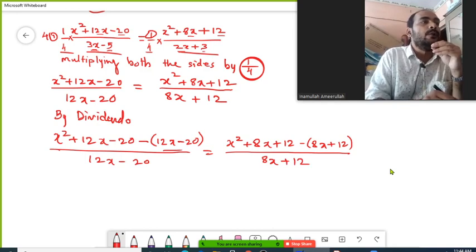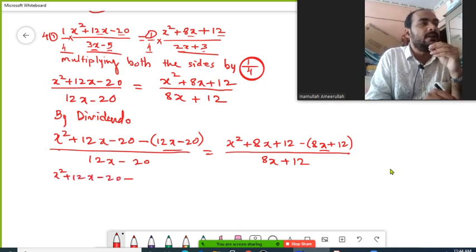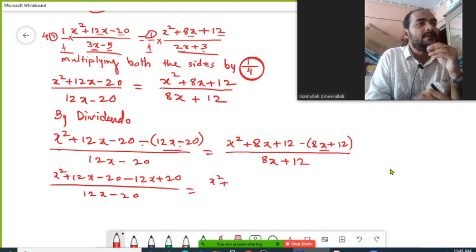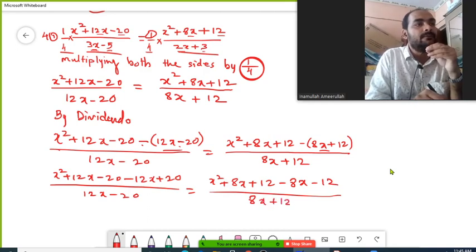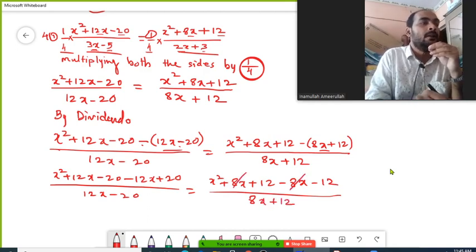Now we will open these two brackets. So your numerator will look like this: x square plus 12x minus 20 minus 12x, minus minus will become plus 20, upon 12x minus 20. On the other side it will be x square plus 8x plus 12 minus 8x minus 12 upon 8x plus 12. So positive 8x, negative 8x, positive 12, negative 12 will eliminate.